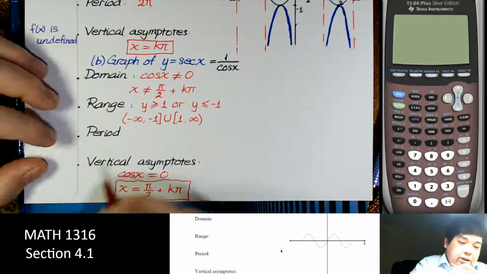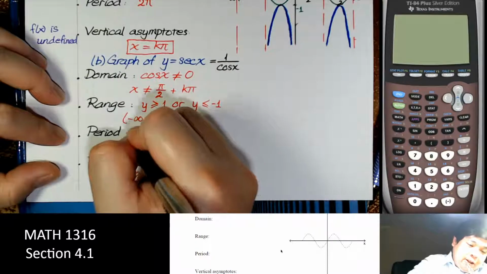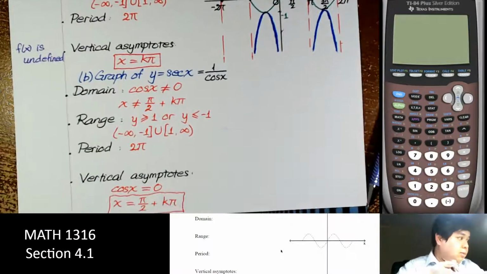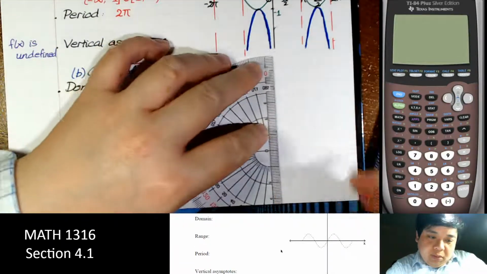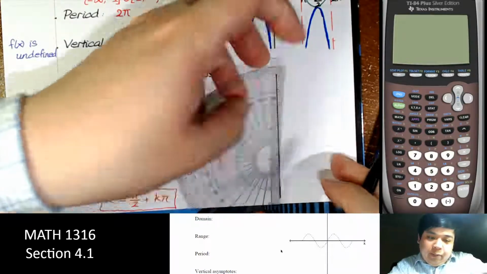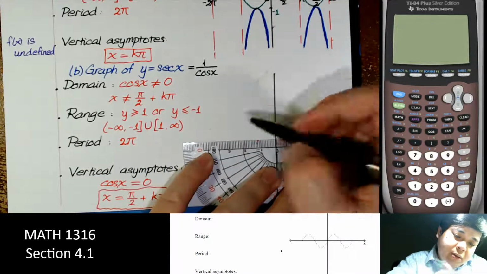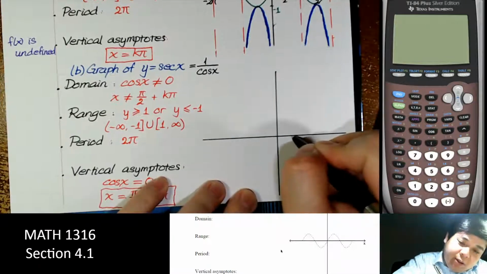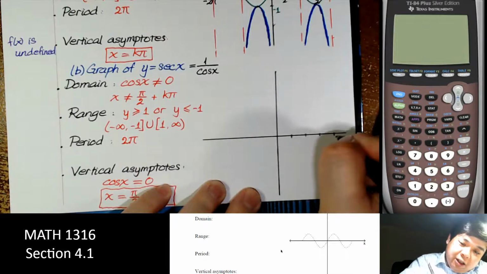And then the period is 2 pi. Right. Again, the period is 2 pi.